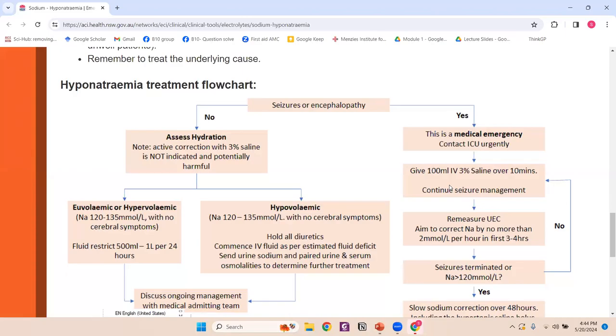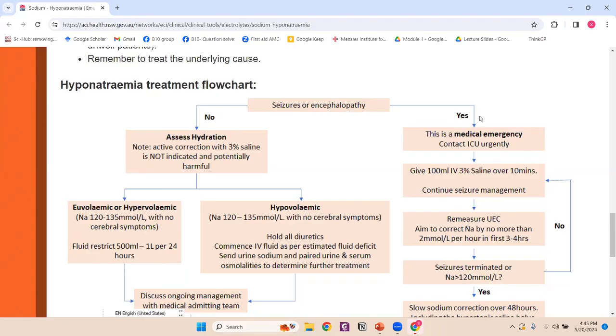The first question is whether the patient is symptomatic. The management completely changes if the patient is symptomatic. The symptom being either a seizure or encephalopathy, which means any sort of altered consciousness. If the patient is not symptomatic, the management is completely different.